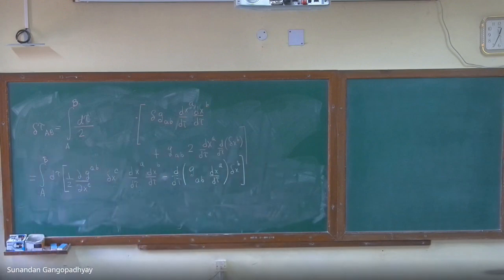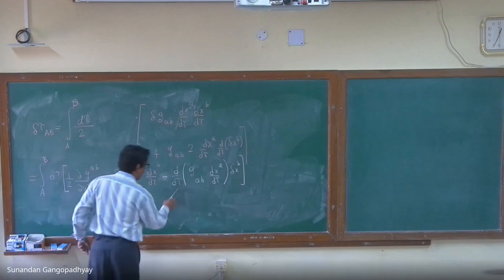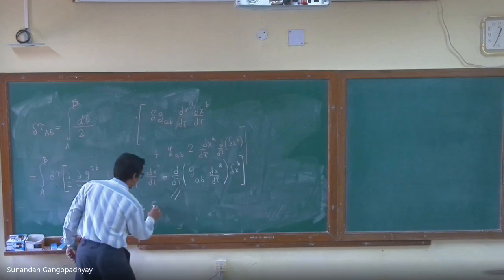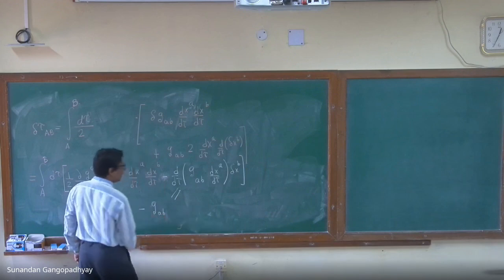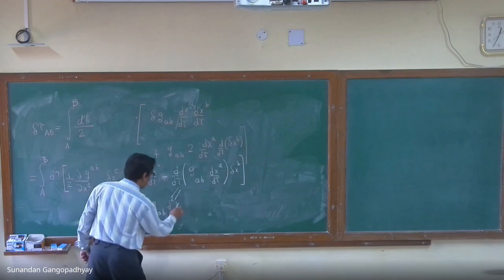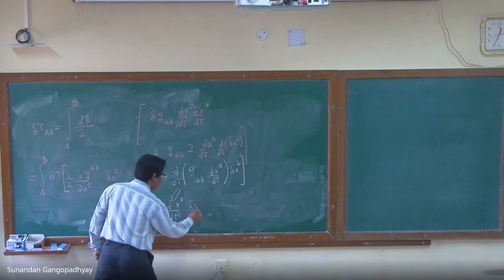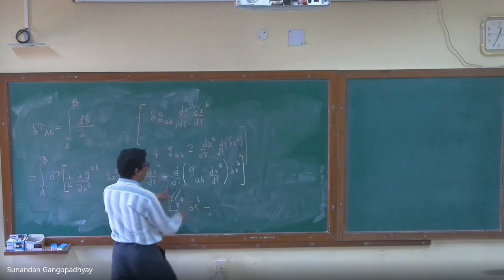And now from here you will get two terms. I'm keeping the minus sign, so what you will have is minus GAB d2XA d tau2 delta XB is the first term, and then the second term is d d tau acting on this.